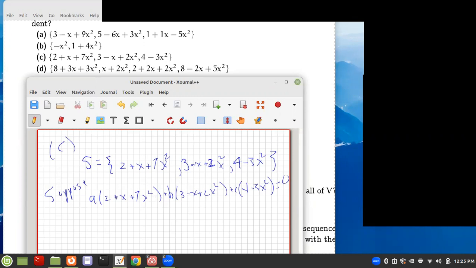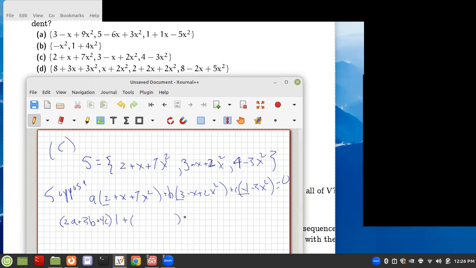But the way we have to do it is to divide it into coefficients of 1, coefficients of x, and coefficients of x squared. So there's some algebra to do. We want to take the coefficients of 1, right? Well, that's going to be 2a from this term plus 3b from this term plus 4c from this term, okay?